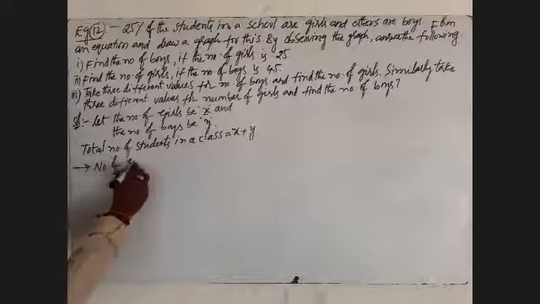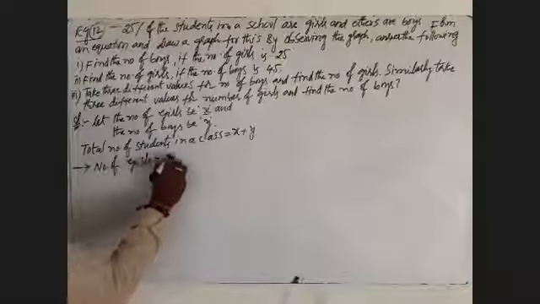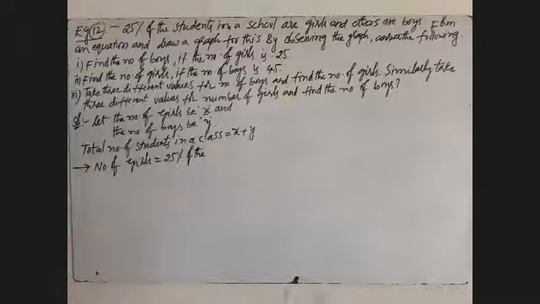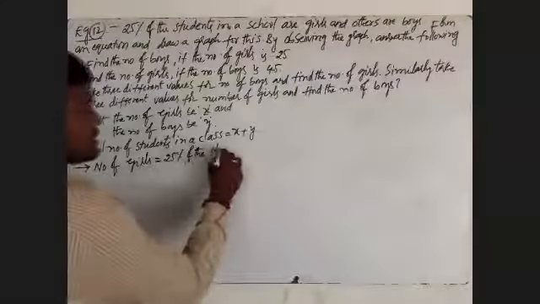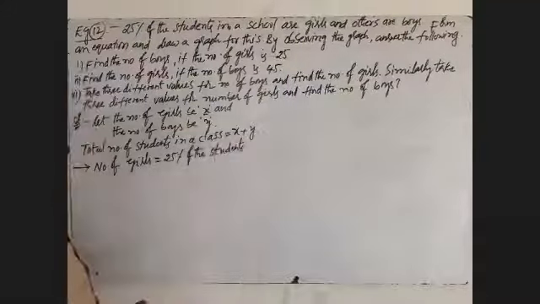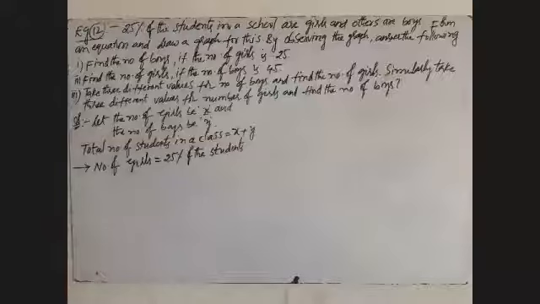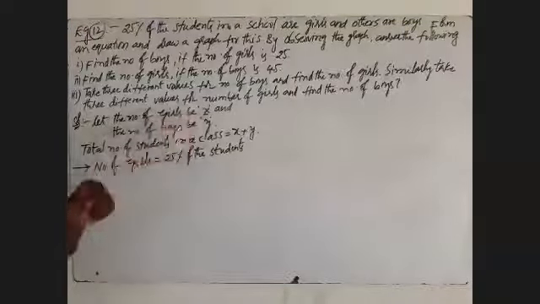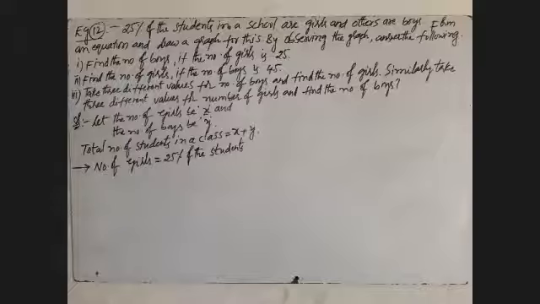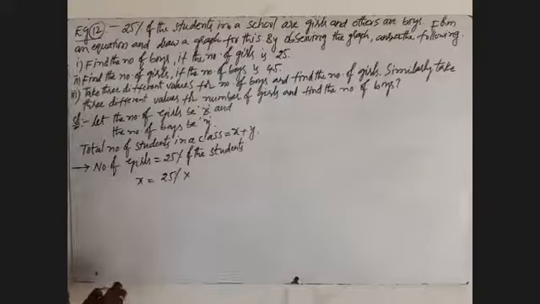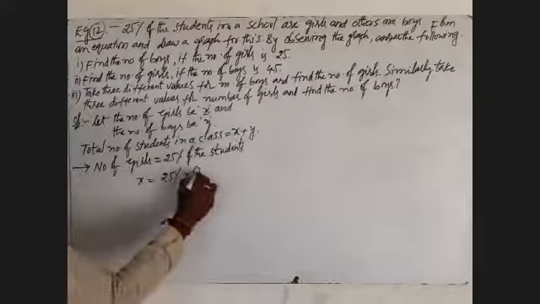The number of girls we take as X, so X is equal to 25% of the total students, which is X plus Y.